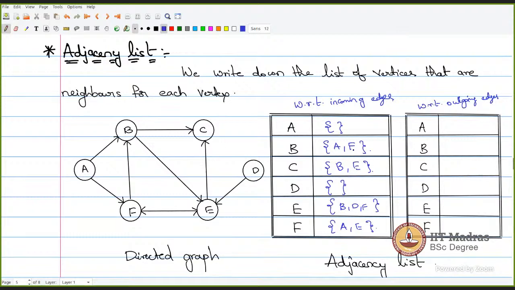True. What she told is true. That's the same sentence told in the class test. Yes, in the videos also it was said that this is the advantage that we get. See, these are all sets.